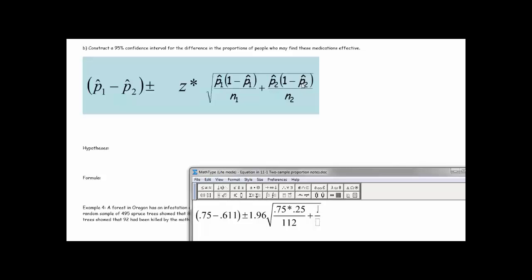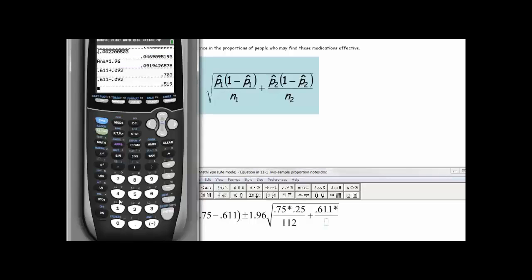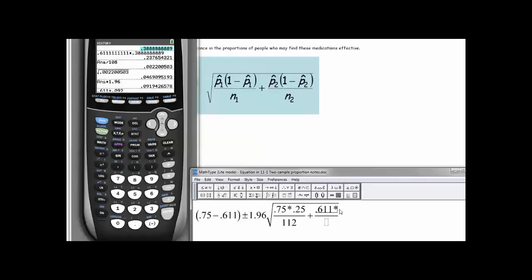That was 0.611 times, I think 0.39 is what I remember getting earlier. I can just look up here. Let's see, where'd you go? 0.389. And then the sample size of 108.